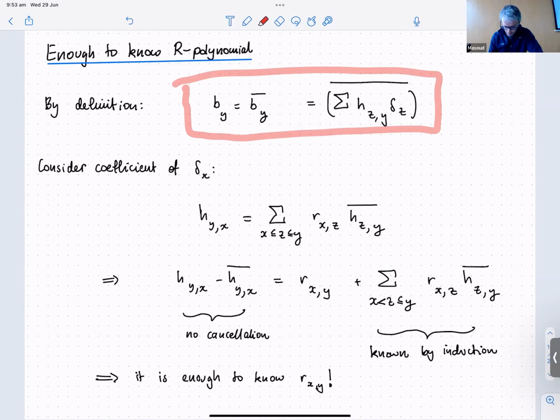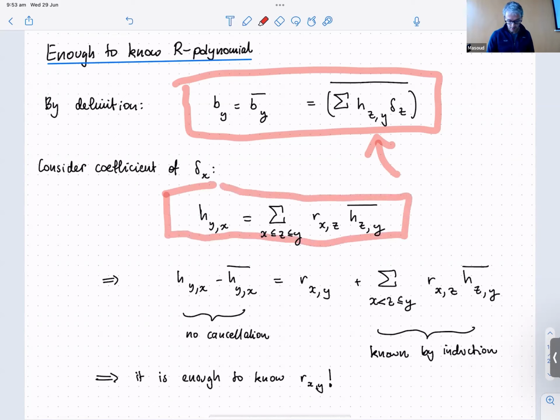So if we expand this term here, we get h_zy times delta z bar, and delta z bar expands into terms of a whole lot of R polynomials. So if we expand that right-hand side and take coefficients of delta x, we get the following identity. I'm not doing anything fancy here.